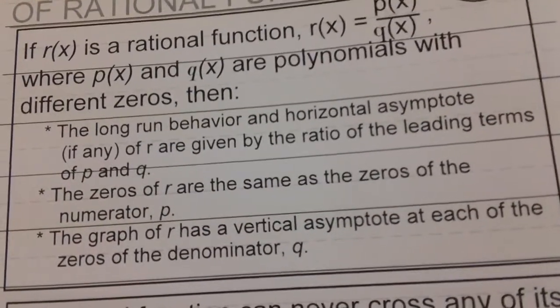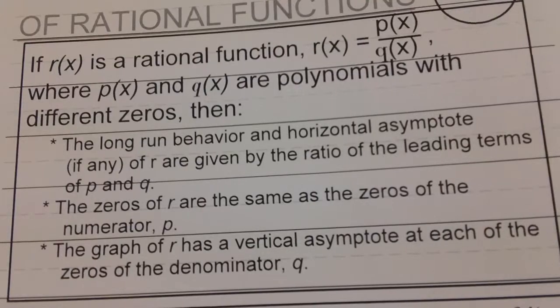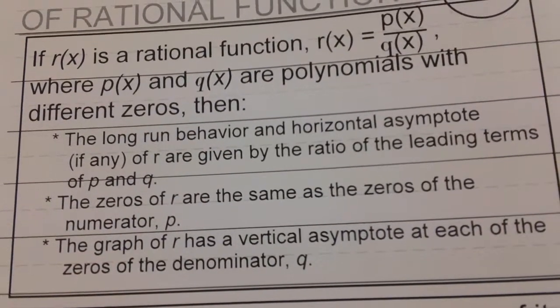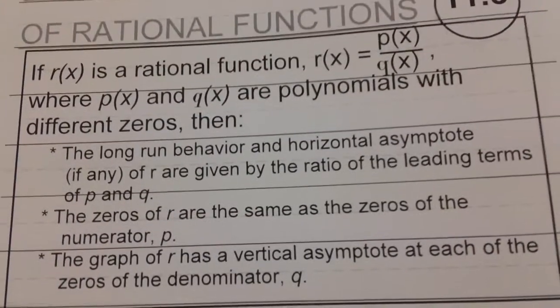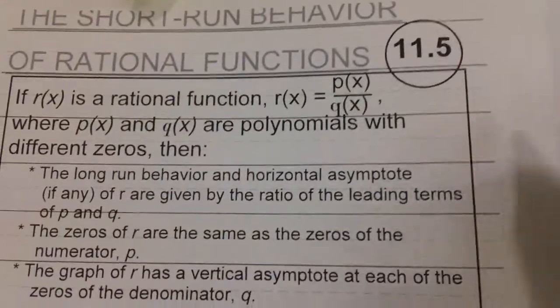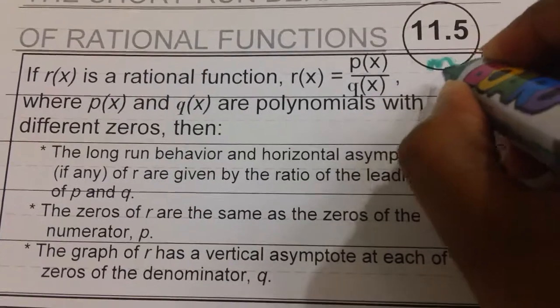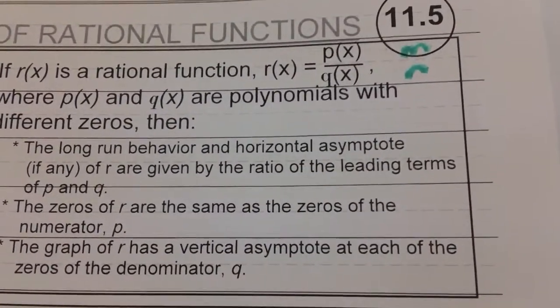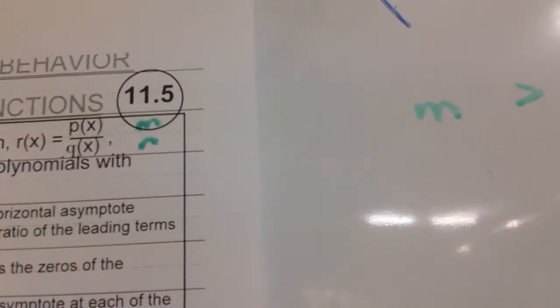So anyway, what we talked about last video was that the long-run behavior can be used to determine what the horizontal asymptote is if it exists. And if you remember, very briefly, if this has a degree m and this has a degree n, then if m is greater than n, that means it has no horizontal asymptote.